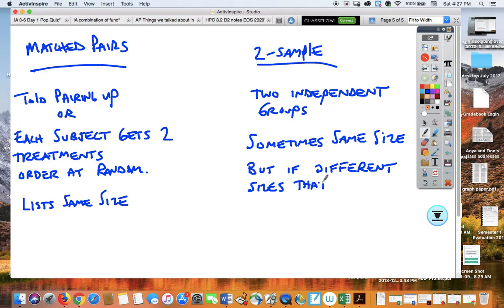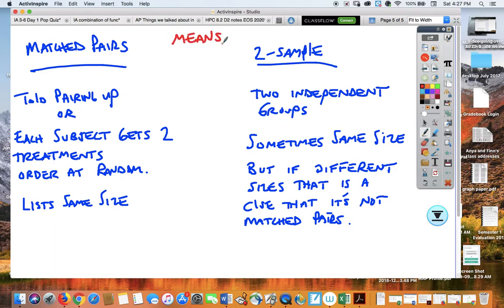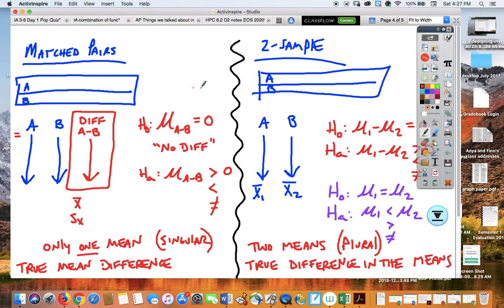So if they're different sizes, that is a clue that it's not matched pairs. The reason why these get confused so easily is because both of them are dealing with means. And if we go back to the previous page, likely you're going to see a table in possibly both of the problems.